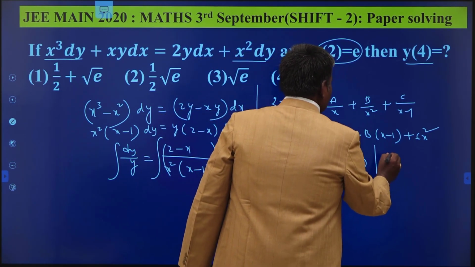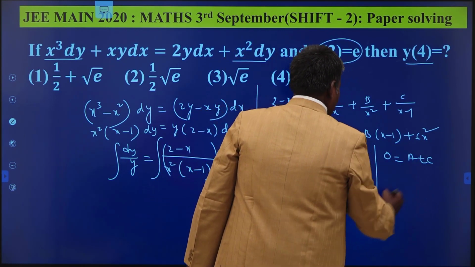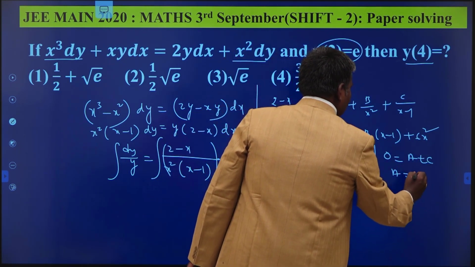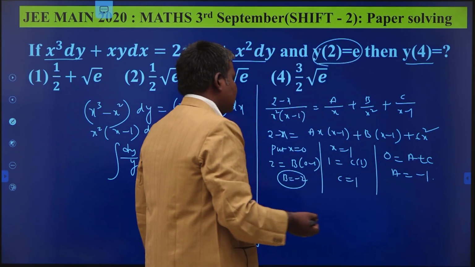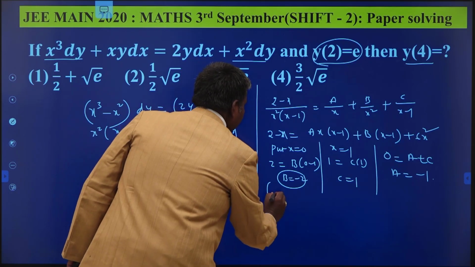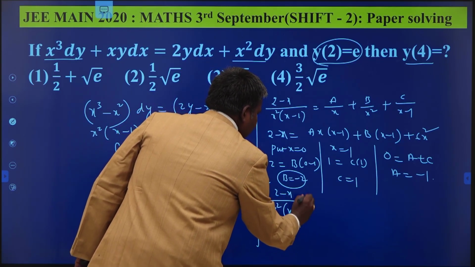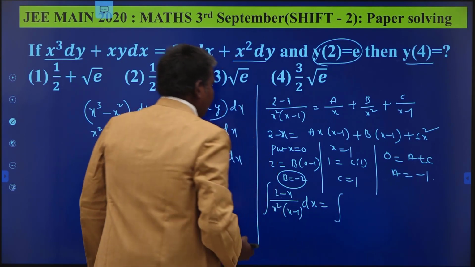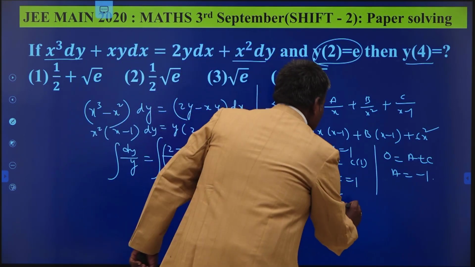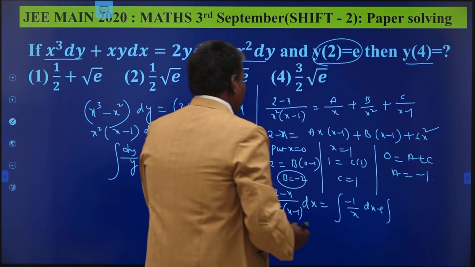Comparing x square coefficients on both sides, 0 is equal to a plus c. So the value of a is equal to what? Minus 1. a equal to minus c, c is 1, a equal to minus 1. So integral (2 minus x) by x square times (x minus 1) dx becomes what? Integration of, what is your a? Minus 1 by x dx plus, what is your b?